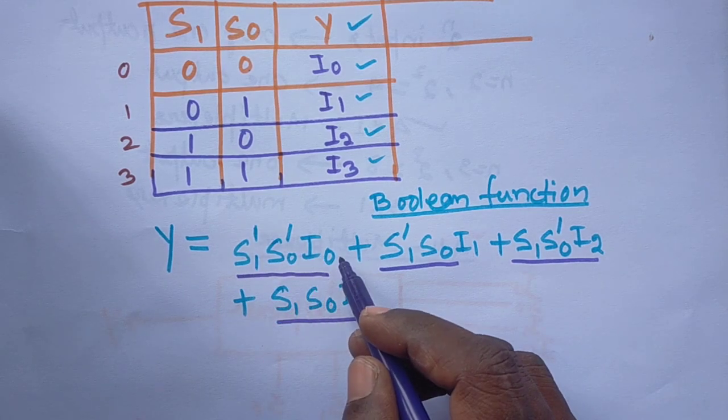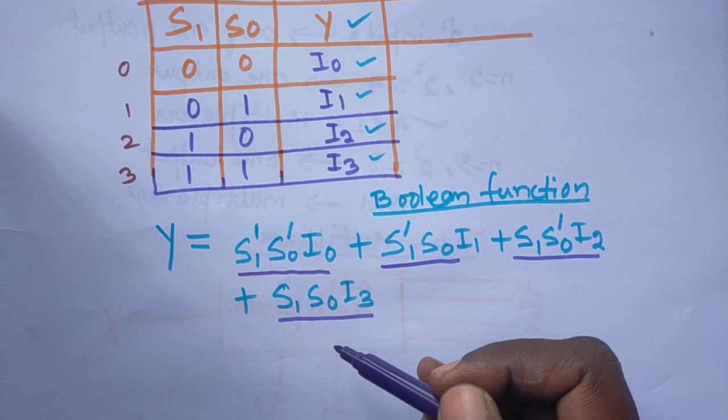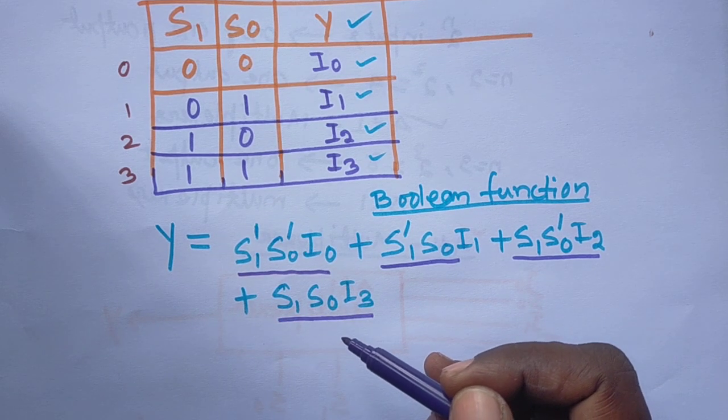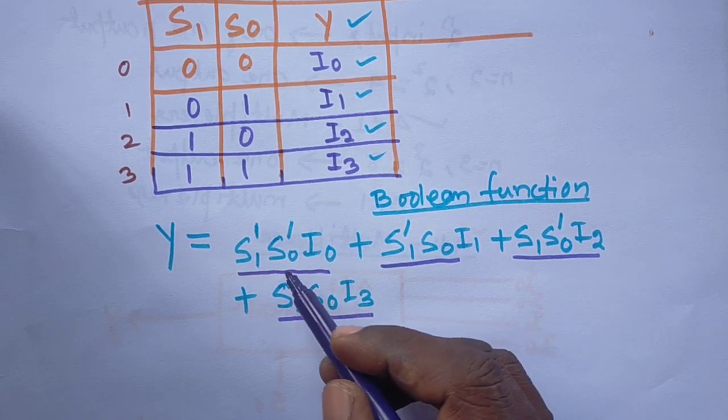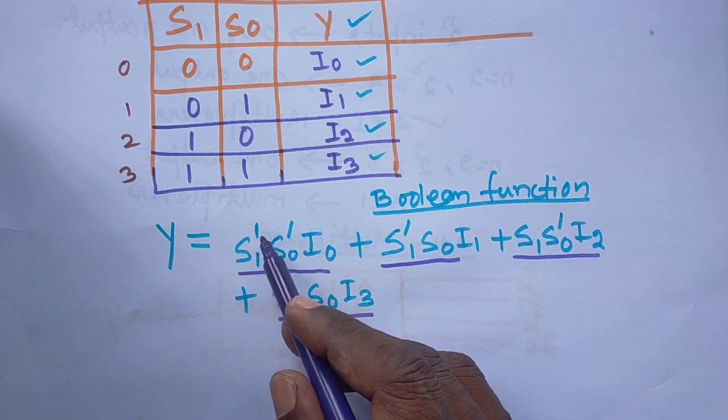Which logic do we use for this particular term, I0, S0 dash and S1 complement?